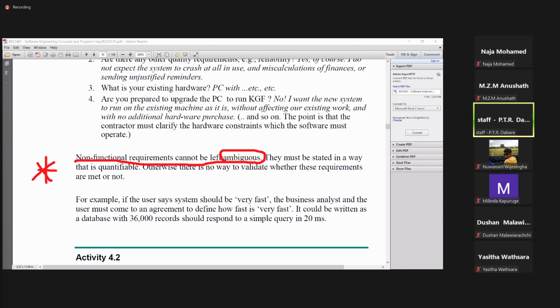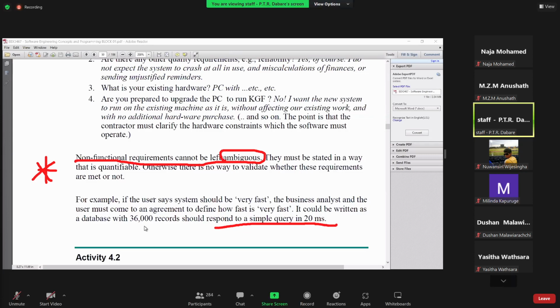You can't say the response time should be very fast. You have to say what you mean by very fast. So we can say the response should be given within 20 milliseconds. Is it clear, students?